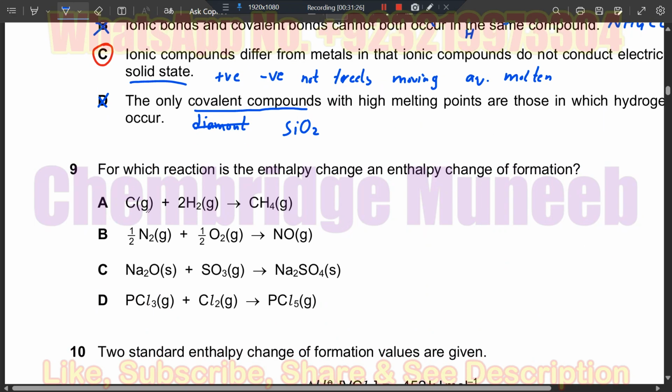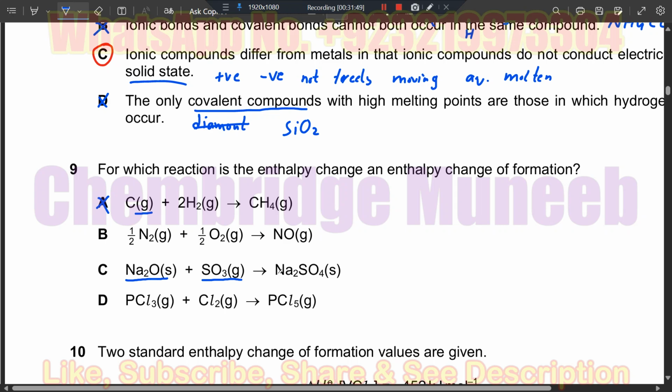Now we apply the same definition in our question. In option A, it says the carbon in gaseous form is reacting with hydrogen gas to make CH4. Now the mistake here is that carbon doesn't exist in the gaseous form at room temperature or standard condition. So this is incorrect. Option C says that Na2O in solid form is reacting with SO3 gas to form a compound.